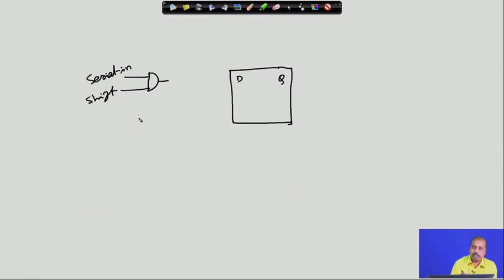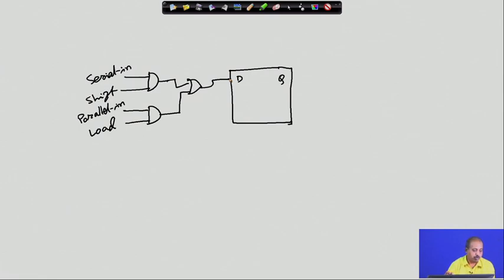The other possibility is that I am loading it parallelly. So, when I am loading it parallelly, then I should have this parallel in and the load control, and depending upon whichever control is given, I can have an OR gate, they can connect to this D flip flop, and for the output part I can have two outputs, parallel output and serial output.